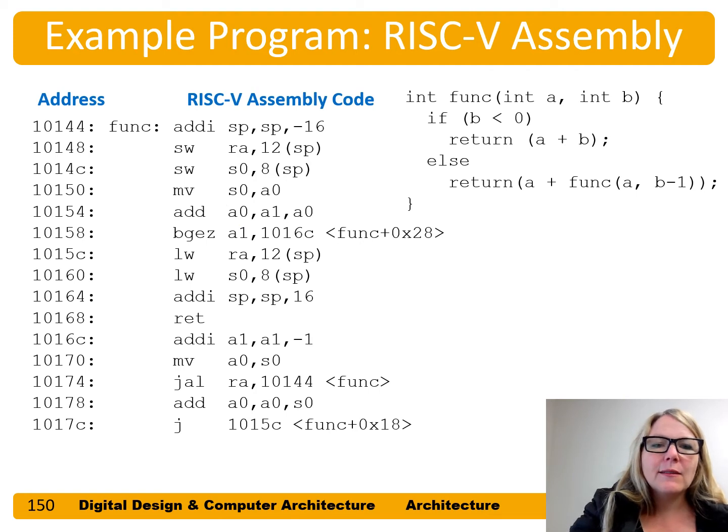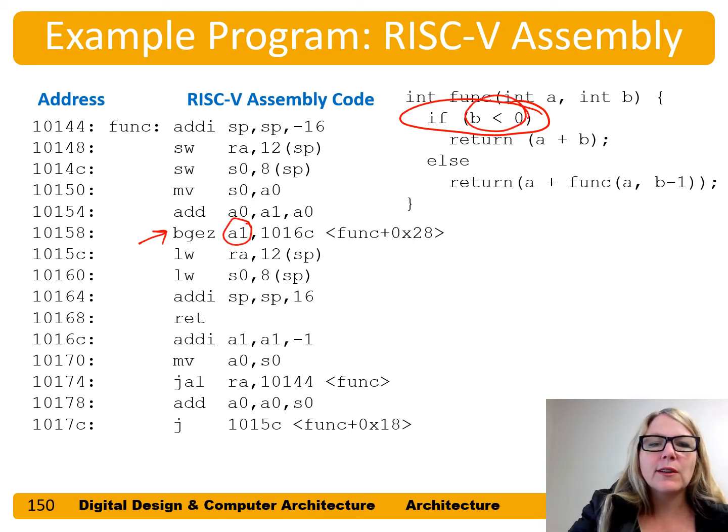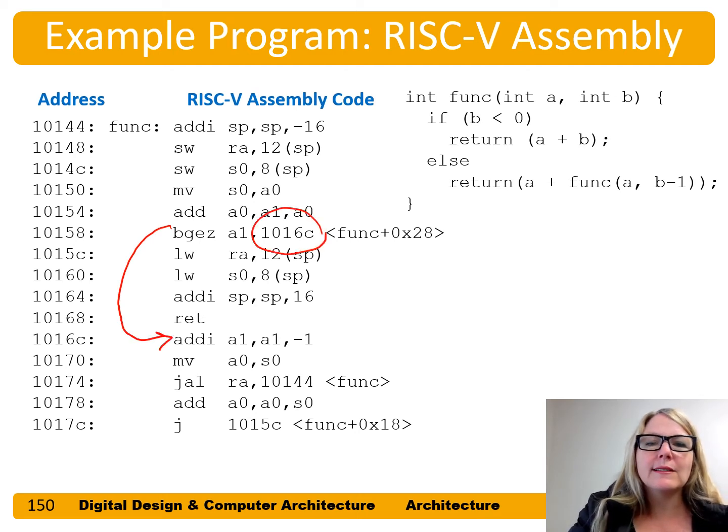And then branch if greater than or equal to 0 checks the opposite case of the high-level code. High-level code checks B less than 0, and branch greater than or equal to 0 checks if B is greater than or equal to 0. If it is, it branches to, in this case, hex 1016C, which is where the else block is located.